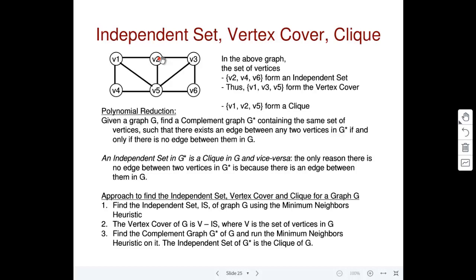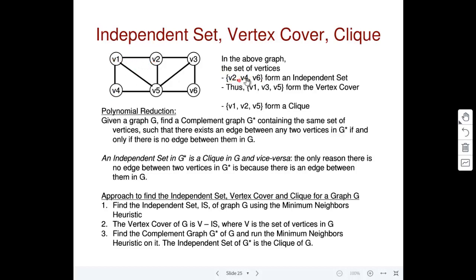V2, V4 is also an independent set because there's no edge between V2 and V4. So can we add V6? In this case, yes, V2, V4, V6 can form an independent set because there's no edge between any 2 vertices in that set. Can we add one more vertex, say V1? If I add V1 to this set, V1, V2, V4, V6 cannot be called an independent set because there's an edge between V1, V2 or between V1, V4.